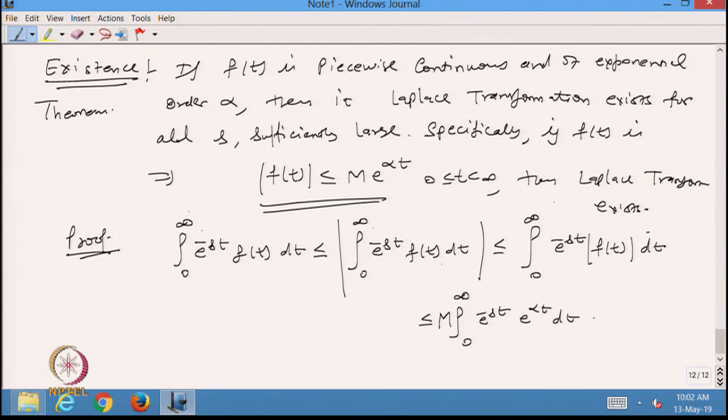From here I will get M times the integral of e raised to power minus (s minus alpha) t dt. This is equal to 1 over s minus alpha when s is greater than alpha, and infinite when s is less than or equal to alpha.